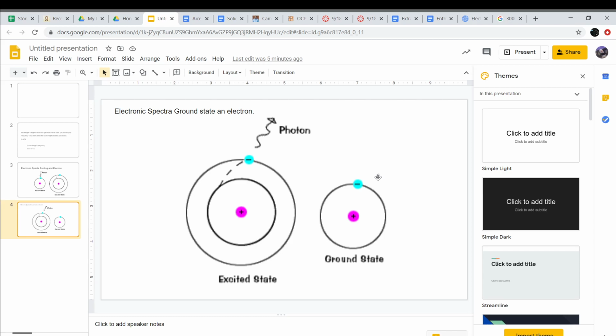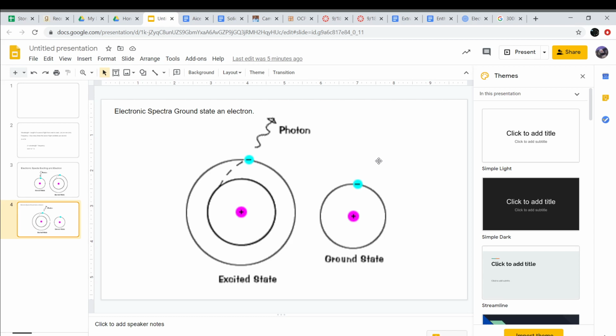This is something that you guys are very familiar with, especially with your phones and your computer screens. What you're seeing is thousands and thousands of tiny little components in your screens that are getting energized in a very specific way so that the electron goes up in energy level and then comes back down immediately. And when that happens, it releases that light.